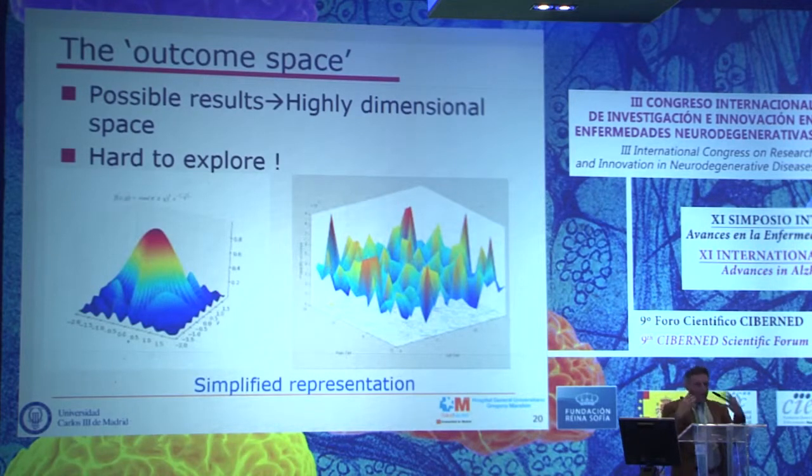So it may be difficult for me to make a decision about which is the real solution in this particular case. This is a very simplified representation. Imagine that in the real world, each point here is not a point, it's a 3D volume with all those colors, and this is not 2 dimensions, but it may be 120 dimensions. So this is a huge space, which is very hard to explore.